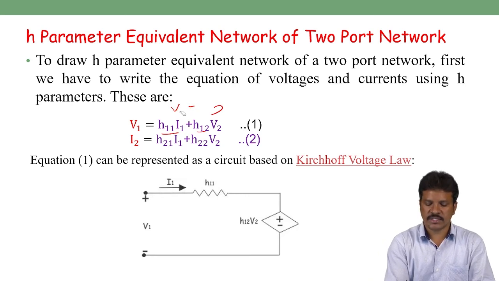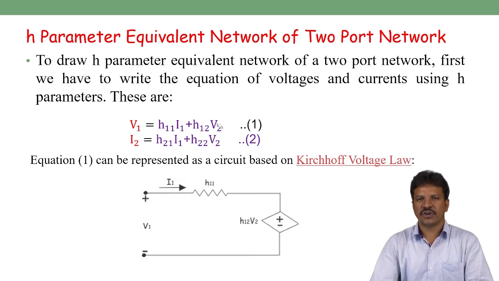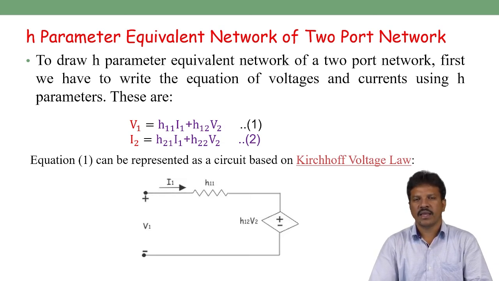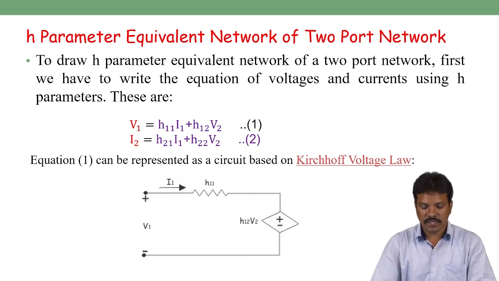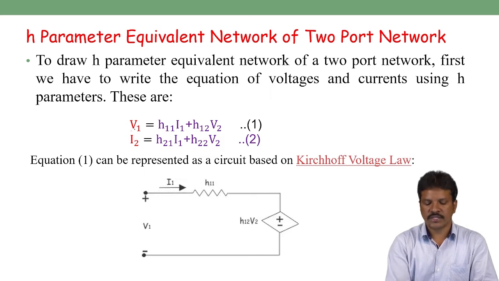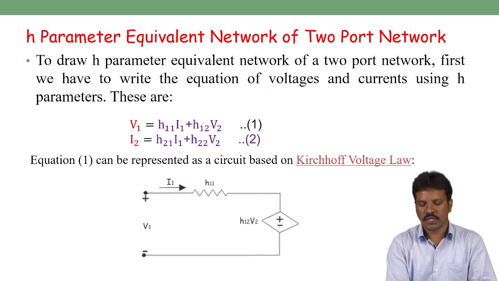When the equation looks like Kirchhoff voltage law, the equivalent diagram for equation 1 can be considered a simple series network or simple Thevenin's network. So what is the equivalent circuit for equation 1? V1 is the source voltage, equal to H11 I1 plus H12 V2.